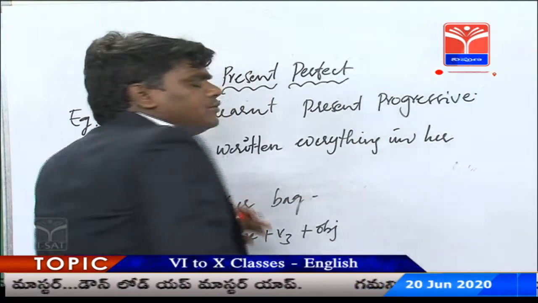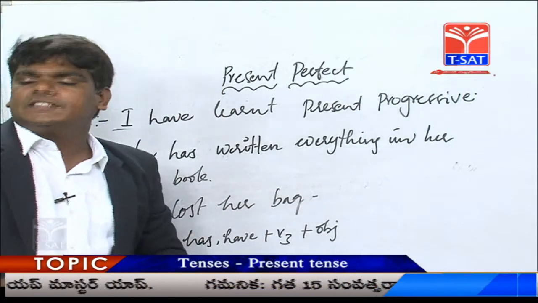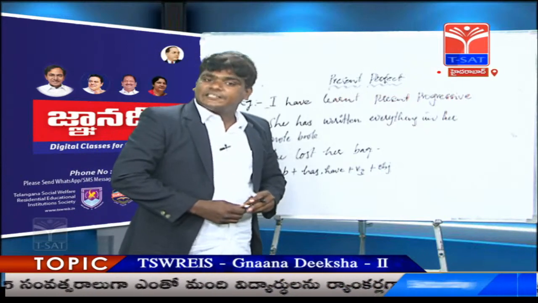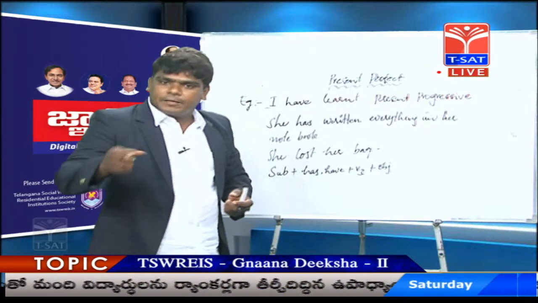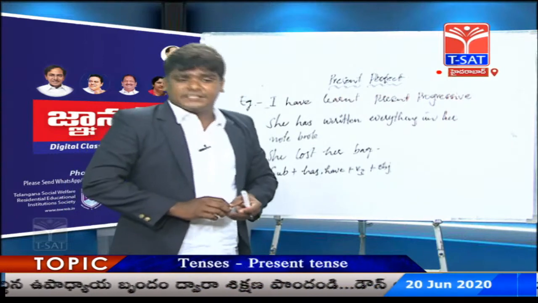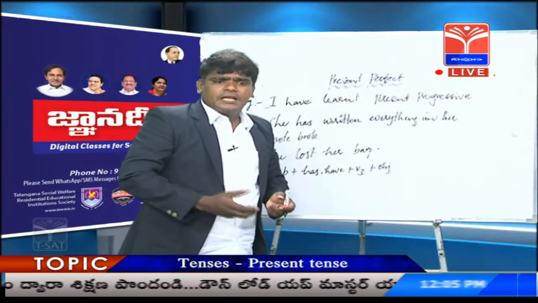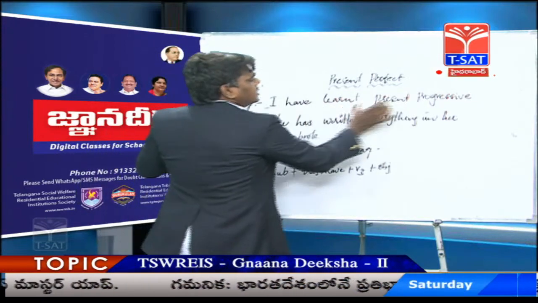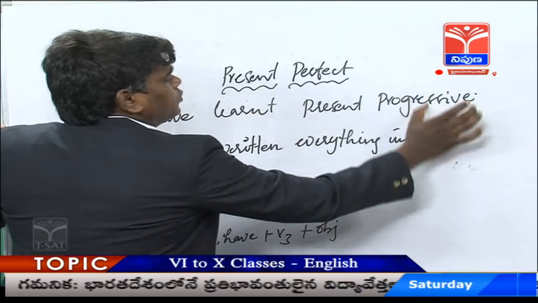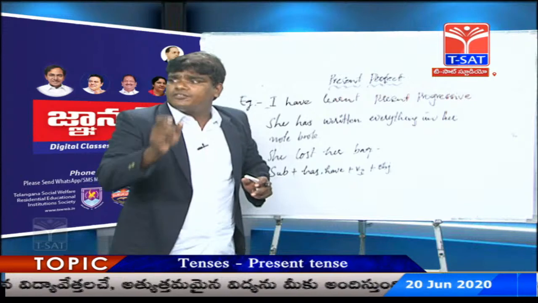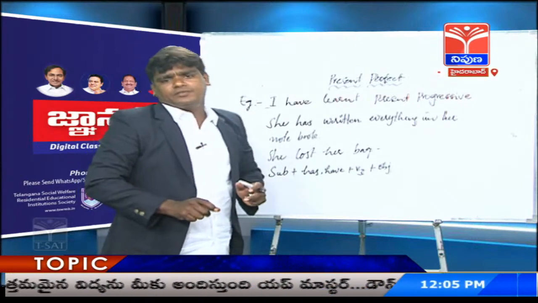When we have to make use of present perfect tense, again, present perfect tense describes something that happened in the past, but it has a relationship with the present. For example, a just completed action, that I have learnt present progressive just now. In this case we have to make use of present perfect tense.